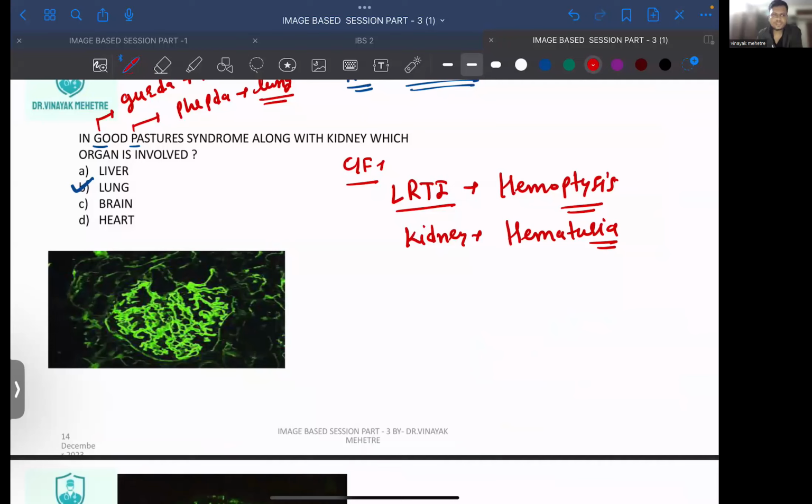Hemoptysis plus nephritic syndrome features, that means hematuria, is Goodpasture syndrome.